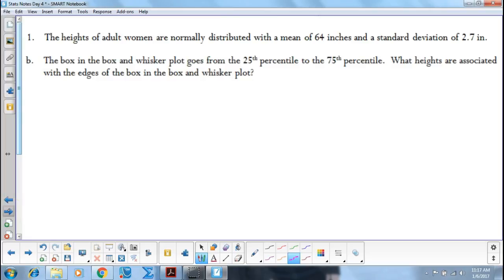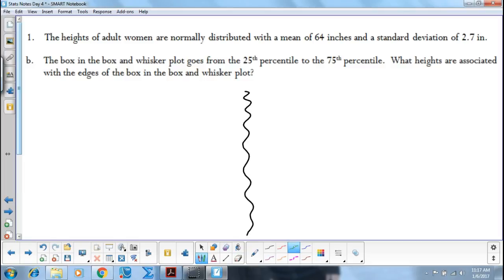Part B says the box in the box and whisker plot goes from the 25th percentile to the 75th percentile. What heights are associated with the edges of the box in the box and whisker plots? Well, that tells me that I've got two problems that I've got to do.